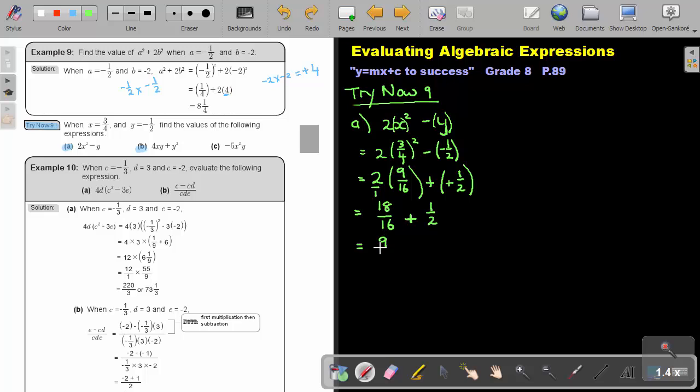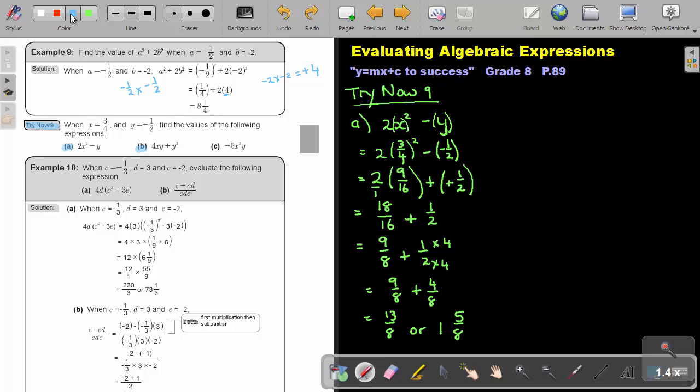So I'm going to get 9 over 8 plus a half. Now, this is addition, so I must make the denominators the same. So I multiply 4 and I multiply 4 on top. So then I will get 9 over 8 plus 4 over 8. And that will be 13 over 8. Or I can write it as 1 and 5 over 8.